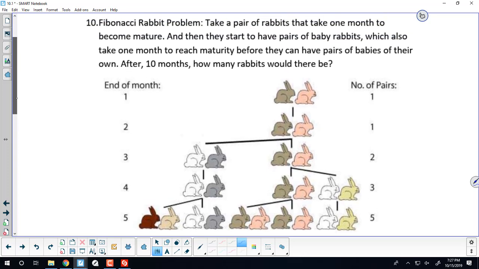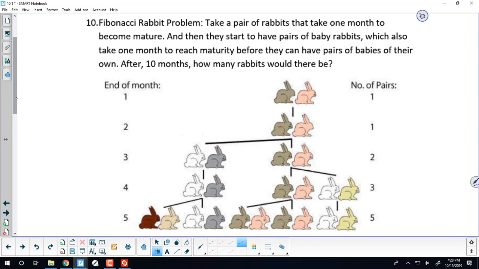But it says you have a pair of rabbits at the end of the first month, and those rabbits at the end of the next month reproduce another pair, and then the reproduction continues in that fashion. So a pair of rabbits takes a month to mature before they have another pair of babies on their own.